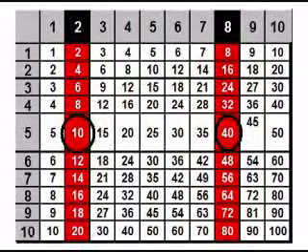Looking a little closer at the 2's and 8's columns, we notice that in the 5 row the answers are 10 and 40, both of them ending in 0.